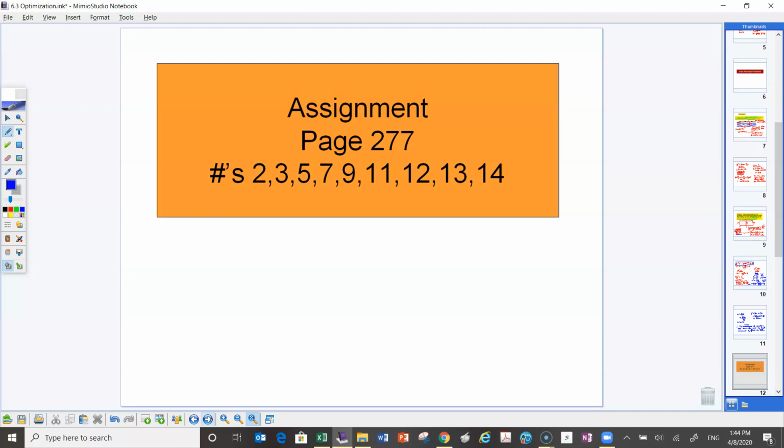Okay, so you can try question number 2. Don't worry about 3, don't worry about 5, 7, or 9. And then we have 11, 12, 13, and 14 are some of our area perimeter problems. So you have 5 questions there to try. The answers are posted on the webpage. If you have any questions, feel free to send me an email.